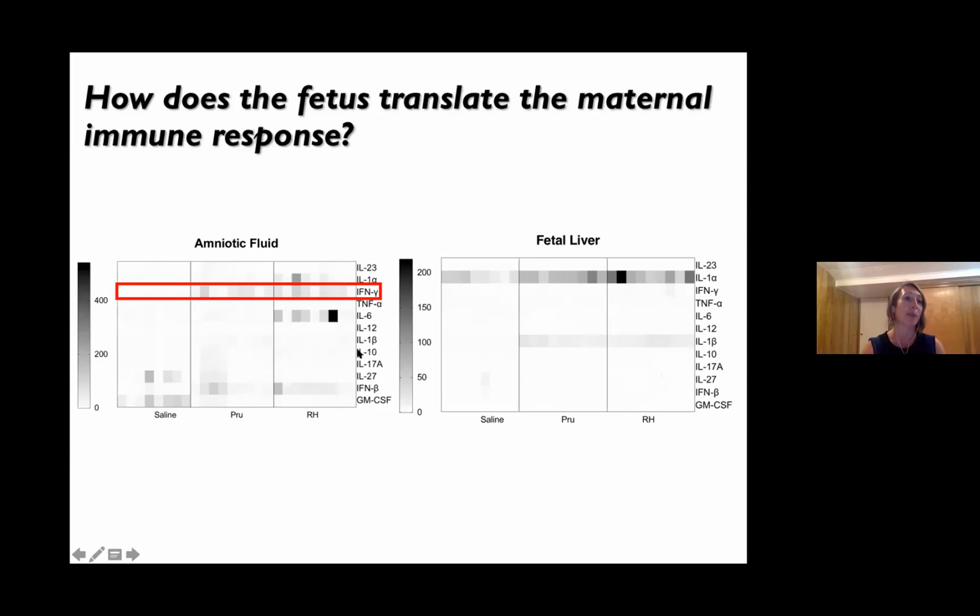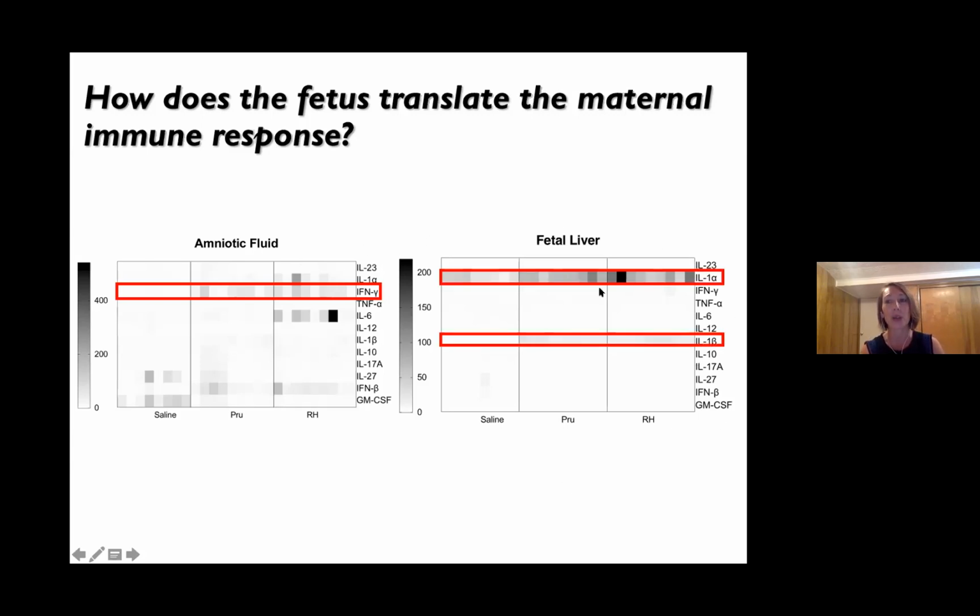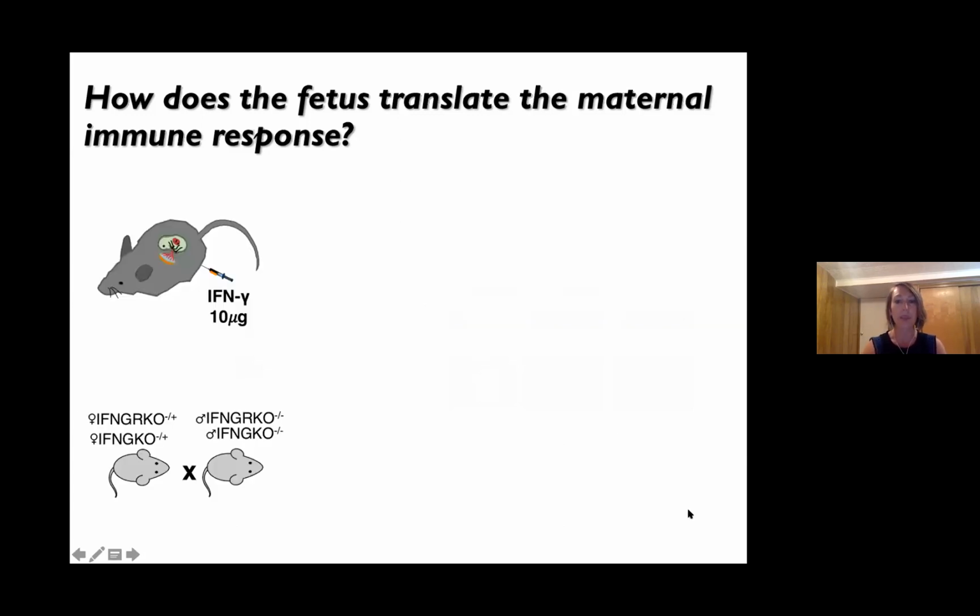This should not be surprising because, as I mentioned, the maternal response is a very robust interferon gamma response. But in the fetal liver, we see something different. We no longer see upregulated interferon gamma. Now we're seeing a significant elevation of IL-1, both IL-1 alpha and IL-1 beta.